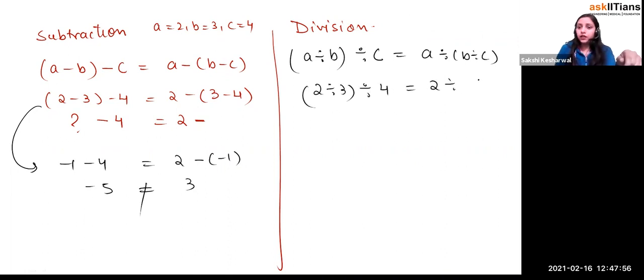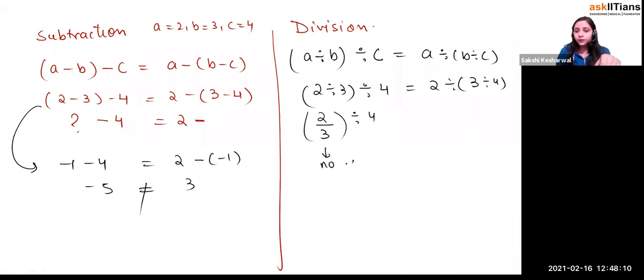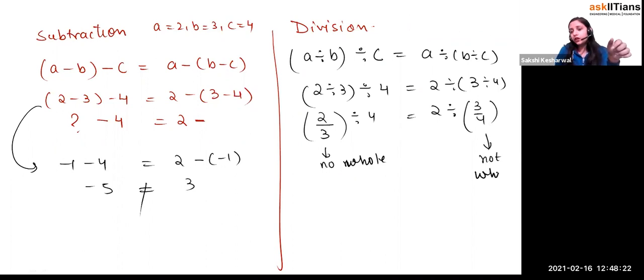This is equal to what? 2 divided by 3 divided by 4, right? So you will be writing this as 2 divided by 3 divided by what, beta? 4, right? So this is what? This is not a whole number, right? So you just leave your answer like this. So this is what? 2 divided by what, beta? 3 by 4, right or not? So this is again not a whole number, right or not?